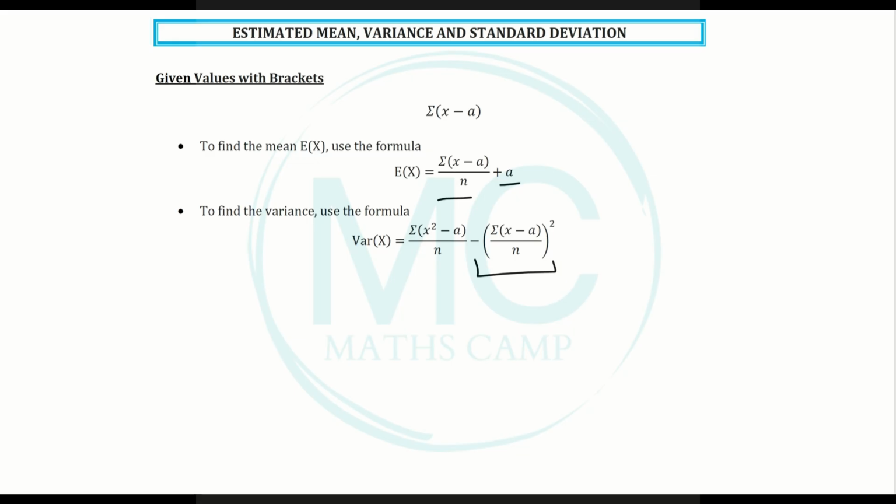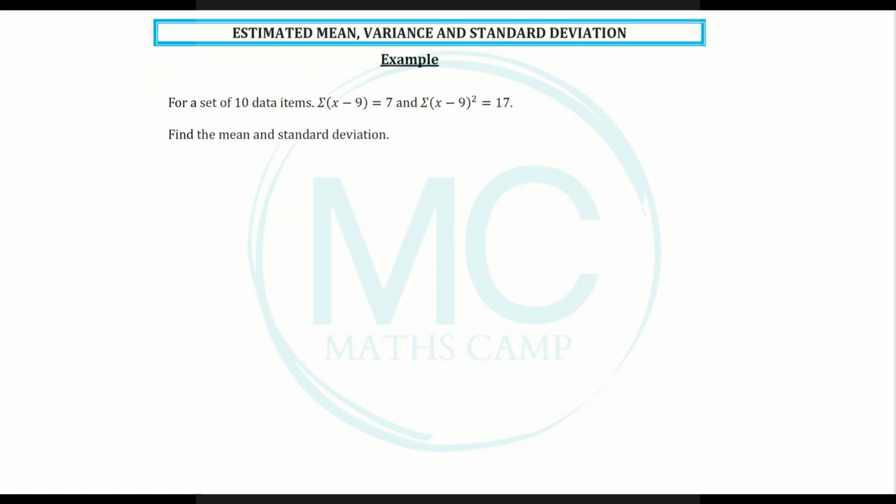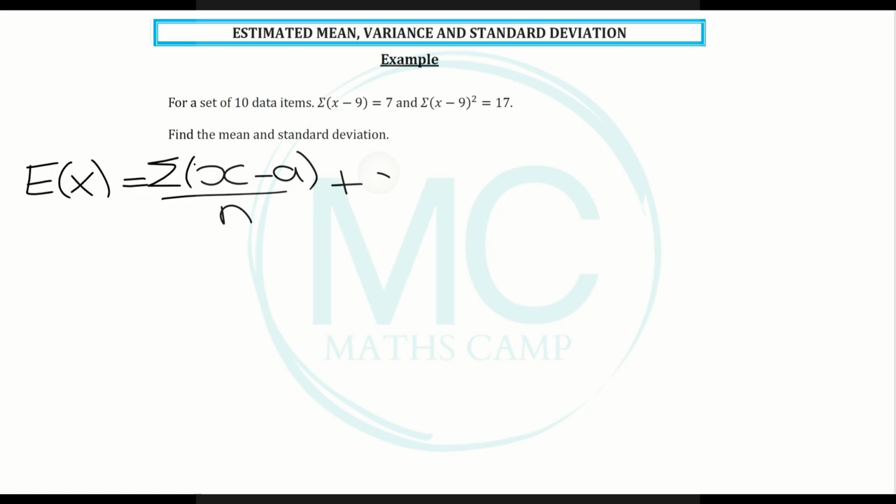Let's look at an example. For a set of 10 data items, sigma x minus 9 is equal to 7, and sigma x minus 9 squared is equal to 17. Find the mean and the standard deviation. Let's start with the mean. You can say that the mean is equal to sigma, the bracket of x minus a, over n, plus a.